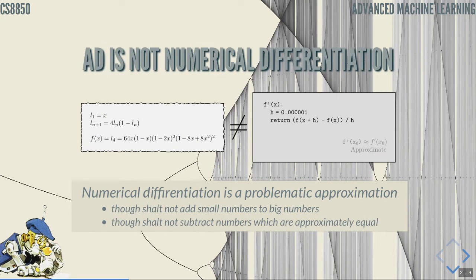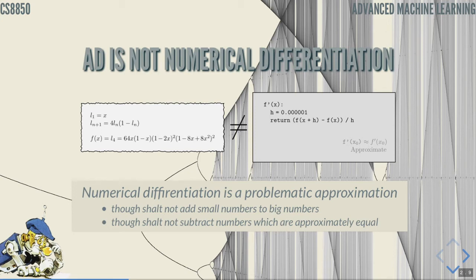So first of all, we need to define AD. We need to remove some confusions, because I'm sure most of you who are listening to me now have confusions about differentiation and derivatives with respect to AD, especially because AD is not numerical differentiation.